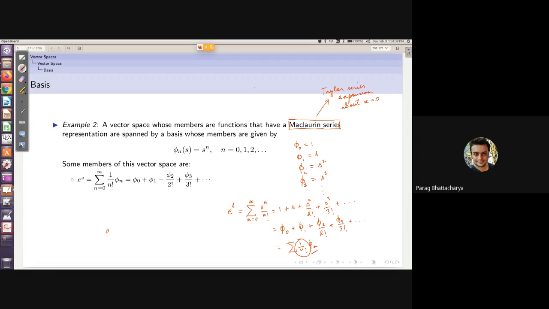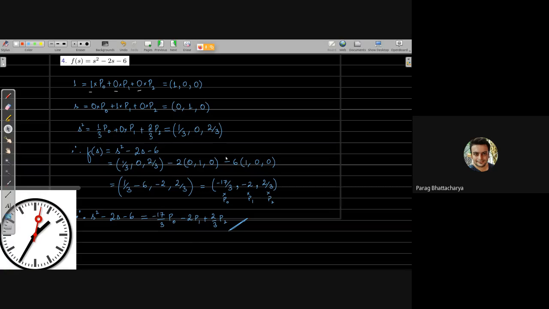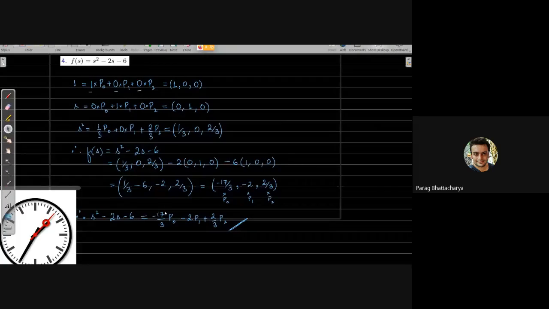So that means e to the power s, without writing each of these basis elements, you could write this as 1, 1, 1 by 2 factorial, 1 by 3 factorial, and so on. Just like if you want to write this in terms of its components, in terms of its coordinates, you can write it in this way.